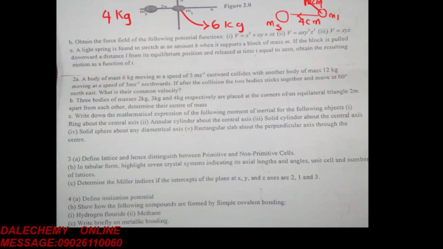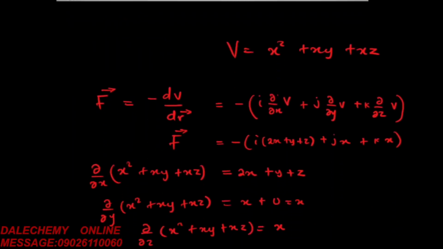So for the second one, we have a x y squared z cubed. So your V is a x y squared z cubed.